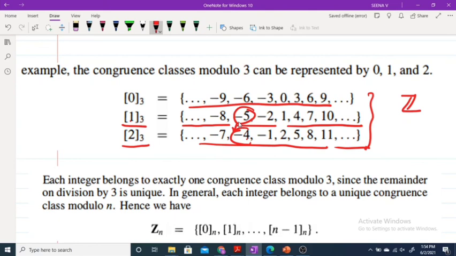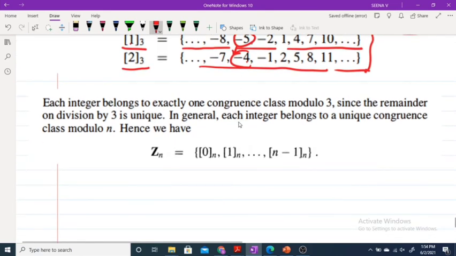So in general, each integer belongs to a unique congruent class modulo n. Therefore, we have Zn is actually the congruent class of 0 mod n, the congruent class of 1 mod n, etc., up to the class of n minus 1 mod n. This is our Zn.